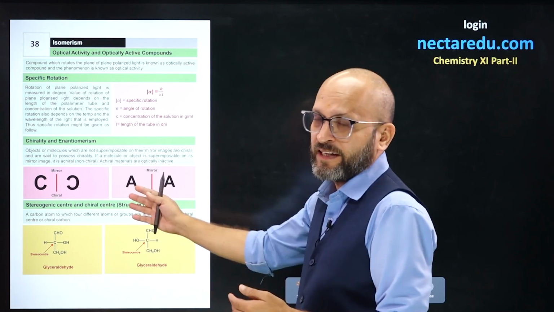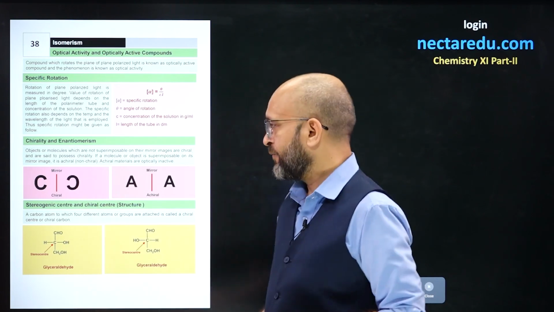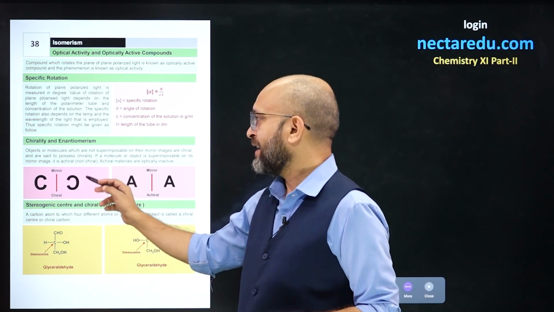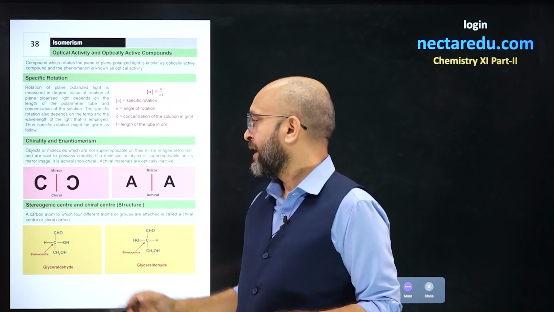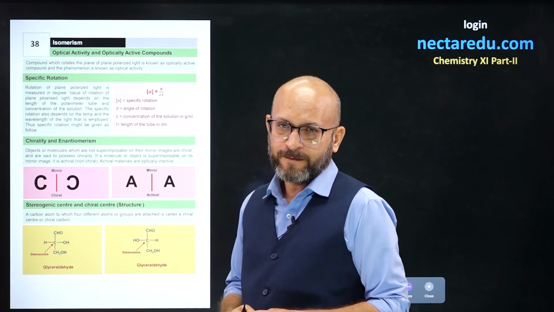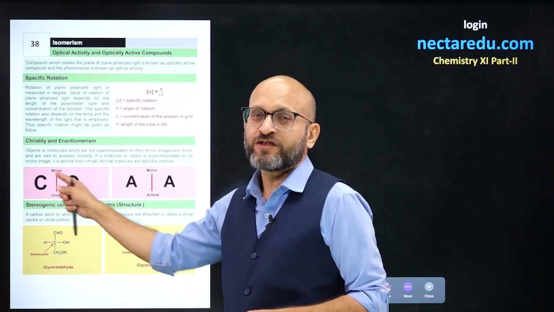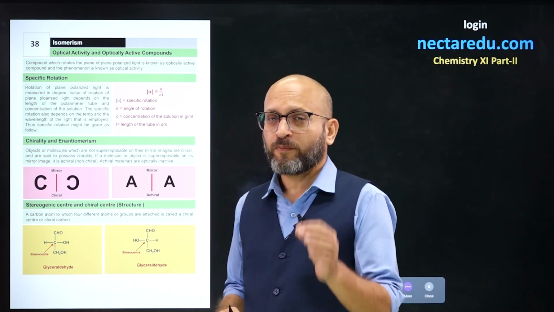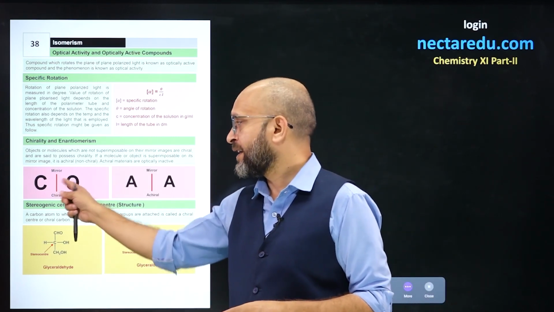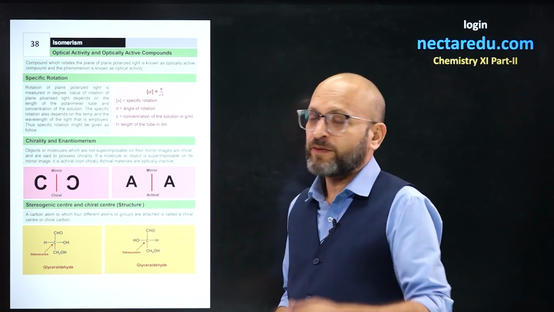For example, take the alphabet C and its mirror image. They are not superimposable, so the alphabet C and its mirror image can be a set of enantiomers or optically active compounds. No symmetry is there, which is why they are non-symmetrical and non-superimposable.